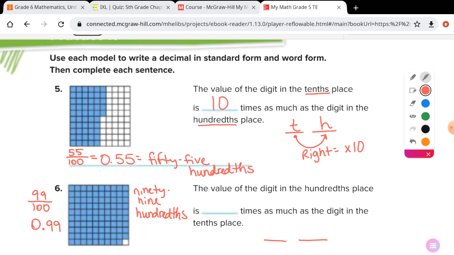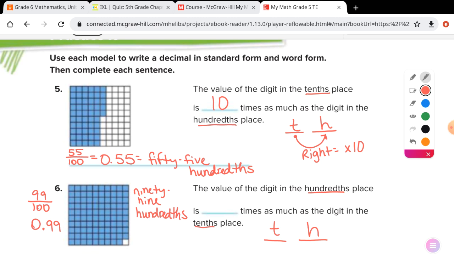Hundredths and tenths. H is hundredths. I know, but which blank is the hundredths place? So you have to think back to the place value chart. So this one would be tenths, and this one would be hundredths. There were our two places.